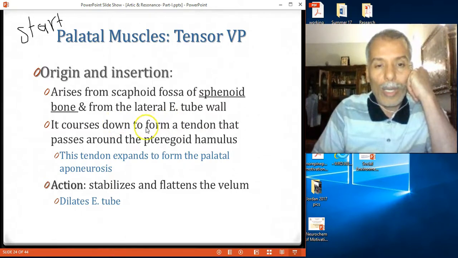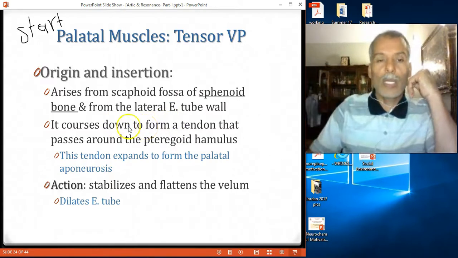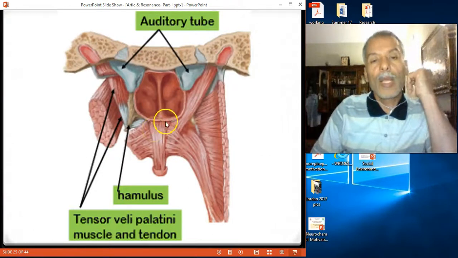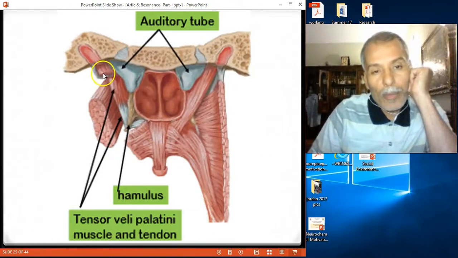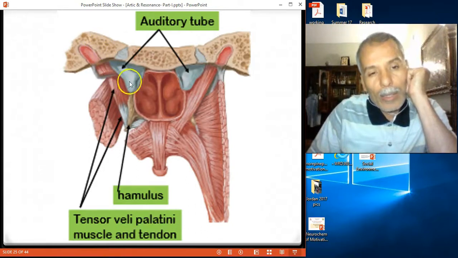So as it goes down, I'm going to explain here. Here's the muscle. If you take the levator veli palatini and cut it, under it you will find hidden the tensor veli palatini. And we said it has two portions, the scaphoid bone, and this is the eustachian tube. It connects to the lateral margin of the eustachian tube, just like the other one.